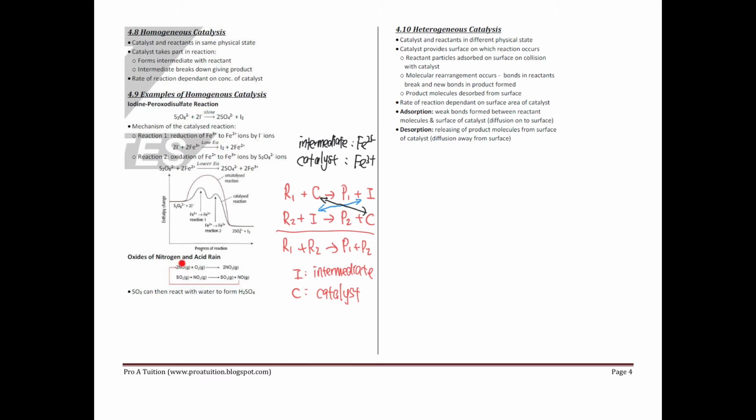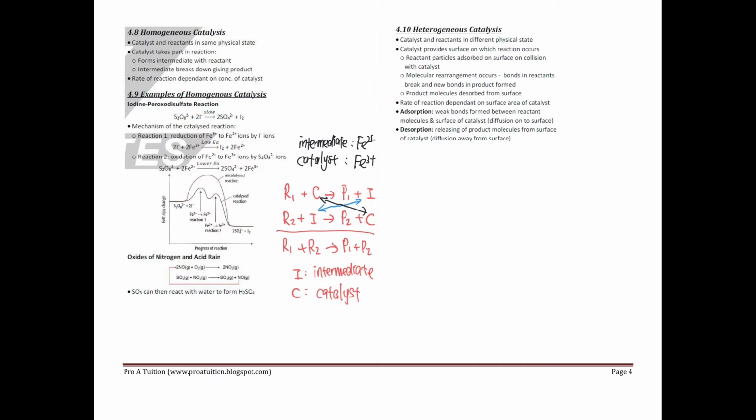So NO is the catalyst. The catalyst is reformed and the intermediate is used up. Once we have SO3, it can then react with water to form H2SO4. We learned this in AS. It's about acid rain.